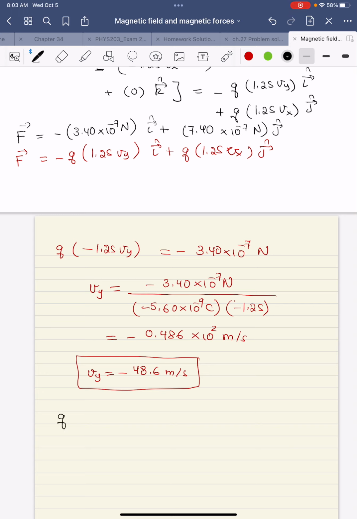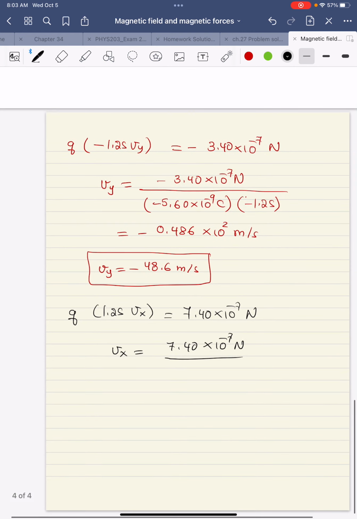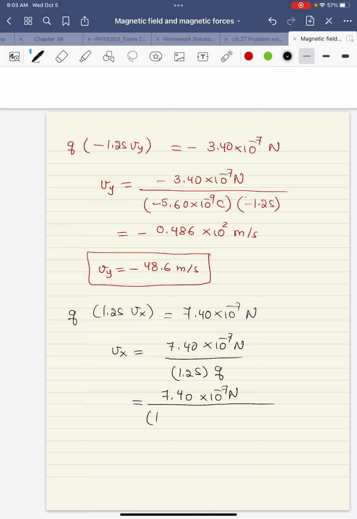Then I was able to calculate the Vy, and also when I compare the x values, I get this, and I will use it for calculation of Vx, also substituting in the value of Q. From that, I will be able to calculate the value of Vx.